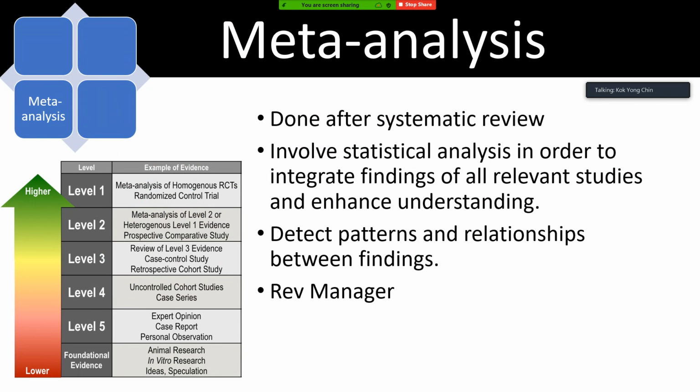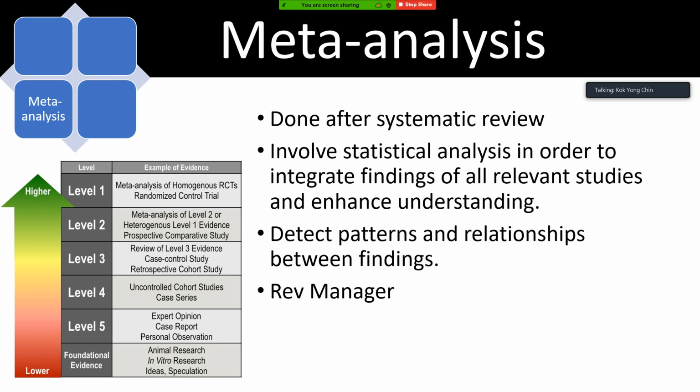Then we have meta-analysis. So meta-analysis contains all the essential components of a systematic review, and it's usually done after a systematic review. People systematically search for literature, they have a certain number of evidence or studies, and after they perform the steps in the systematic review, they eventually move on to meta-analysis.